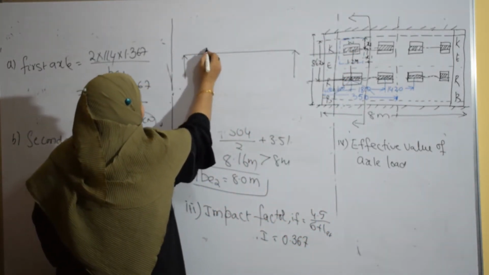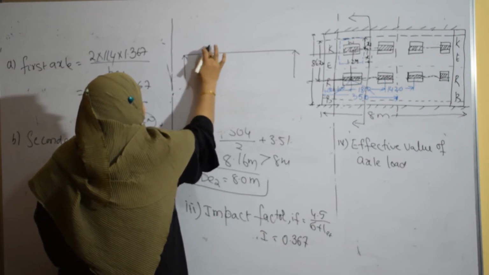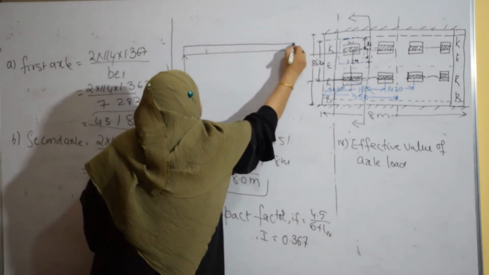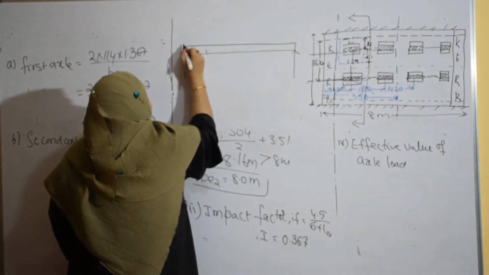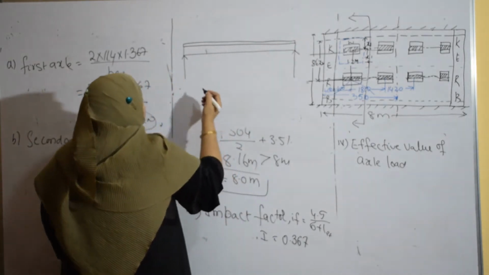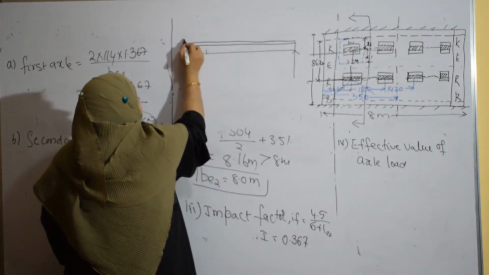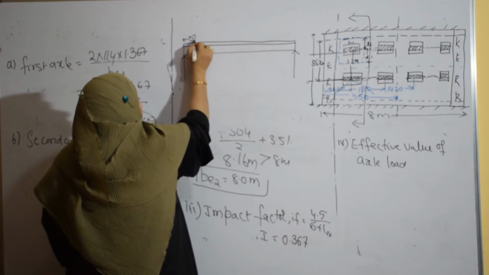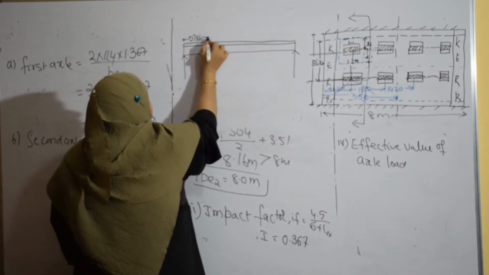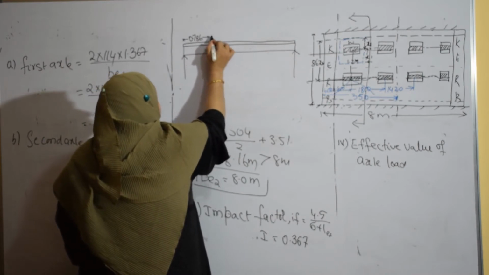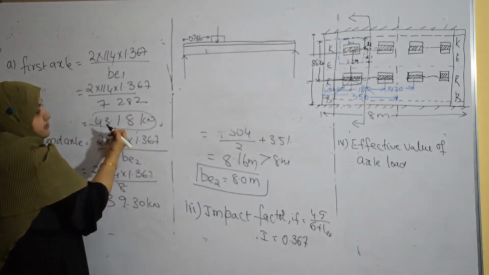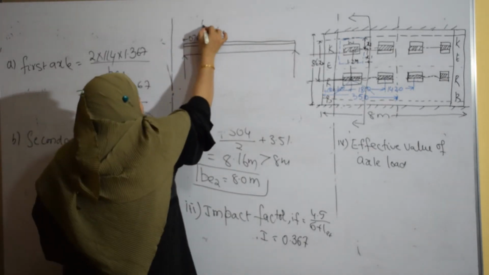I'll show the thickness also: this is the deck slab thickness, capital D, and this is the wearing coat thickness, small h. At a distance of 0.786 meters, or 786 mm, you will have the first axial load, which is equal to 43.18 kilonewton.